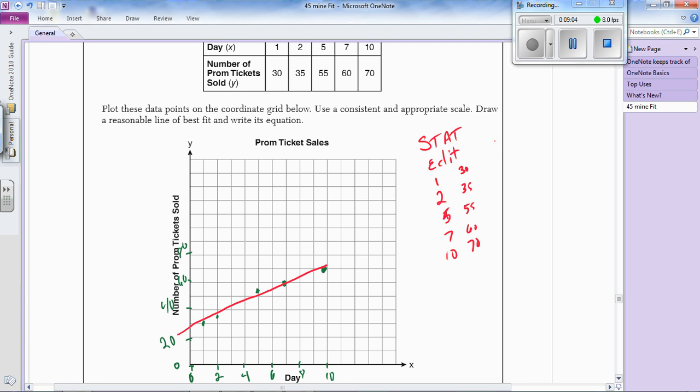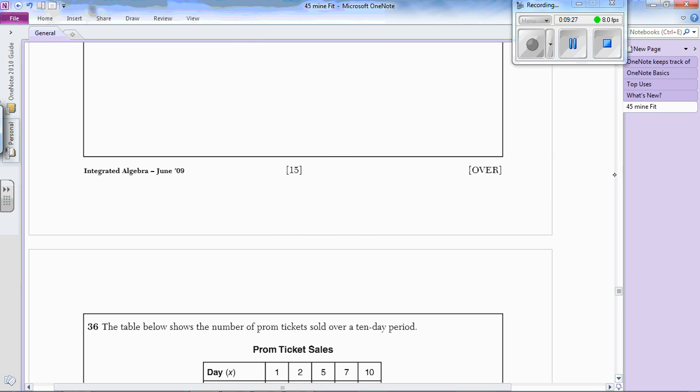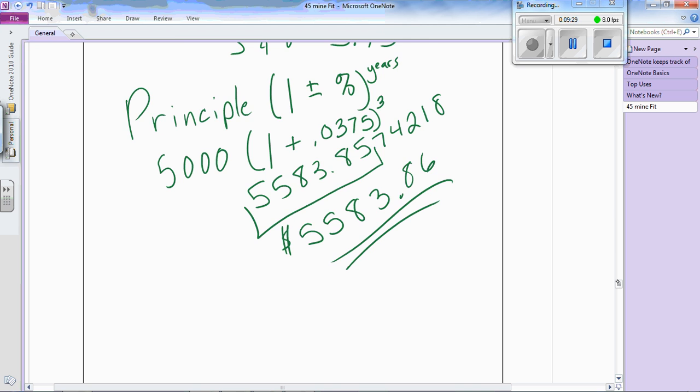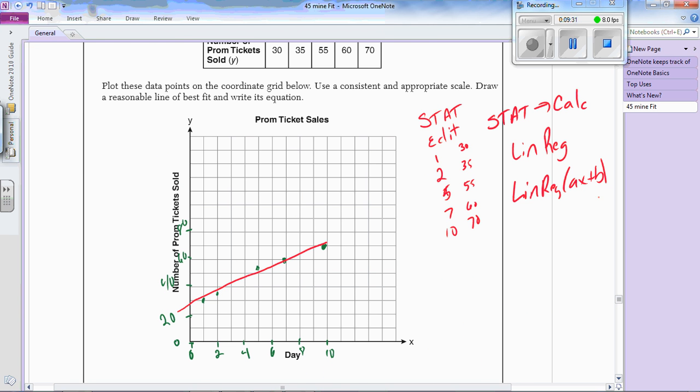And then you would go back into stat, go over to calculate, line, regress, and hit enter. On your calculator, you say line, regress, ax plus b. Then you have to do list 1, comma, list 2. And it would give you some kind of an equation.